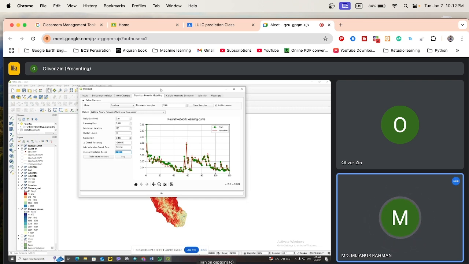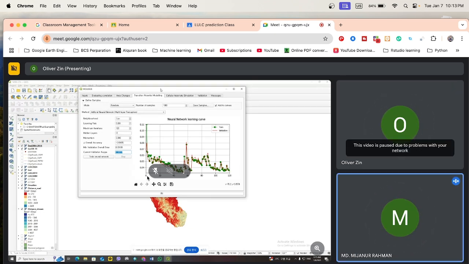The 120 represents the maximum iteration, because we set the maximum iteration to 120. It represents the iterations through the training data set. And if you check, we input hidden layer 10, so in this artificial neural network it creates hidden layer 10, and further the maximum iteration of 120. The x-axis represents the epoch, which is the iteration through the training data set, and the y-axis represents the loss or accuracy.